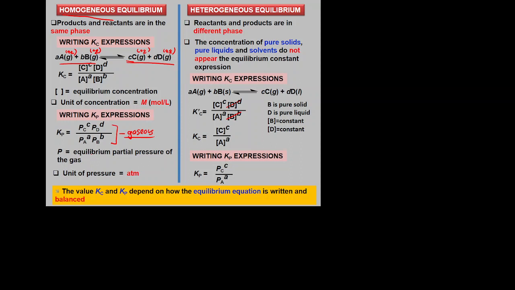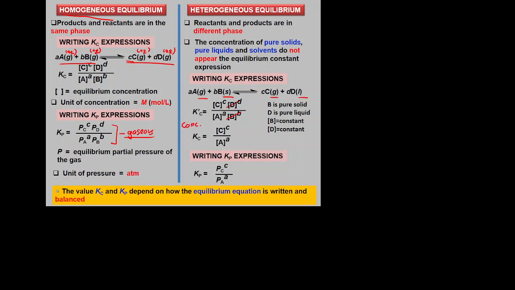But now apa jadi kalau it is in a mixture of gas, we also have solid, we also have gas, and we also have liquid. Okay, macam mana nak cari dia punya equilibrium constant? Okay, so contoh kalau kita nak cari equilibrium constant based on dia punya concentration.